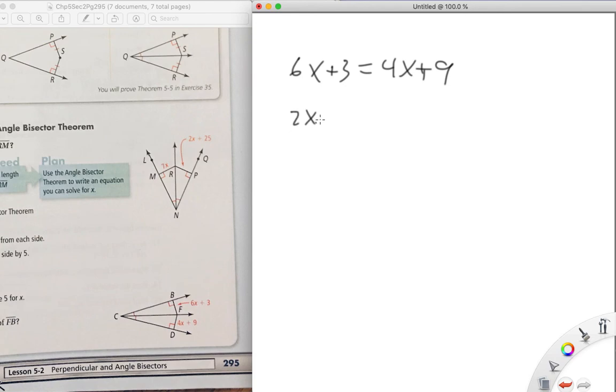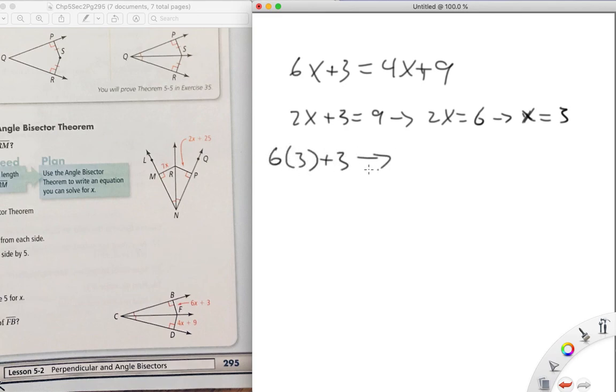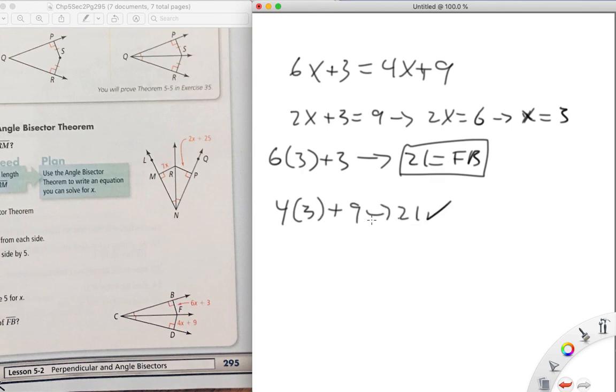Subtract 4x from both sides, 2x plus 3 equals 9. Subtract 3 from both sides, 2x equals 6, x equals 3. FB is 6x plus 3, so I plug in the 3. 6 times 3 plus 3, 18 plus 3 is 21. That's FB. It should work for both, so I'll make that my check. 4 times 3 plus 9. 4 times 3 is 12, 12 plus 9 is 21. So I'm happy with that answer.